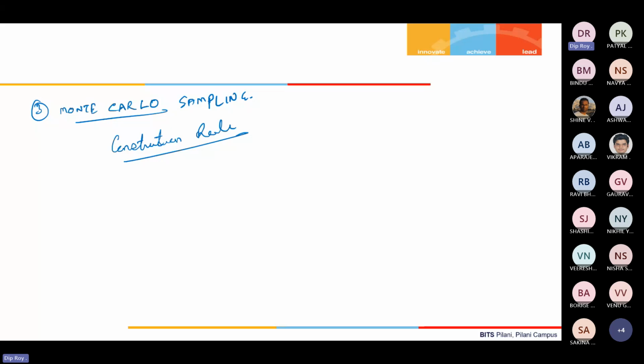Monte Carlo sampling will give you the construction rule for going from one state to another in such a manner that you reach that stationary distribution. So Monte Carlo sampling is not the chain itself, it's the construction rule, and it helps you define transition probabilities.